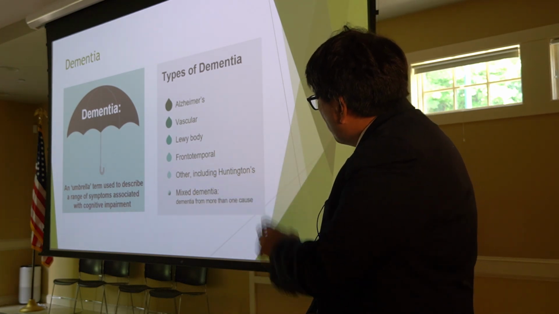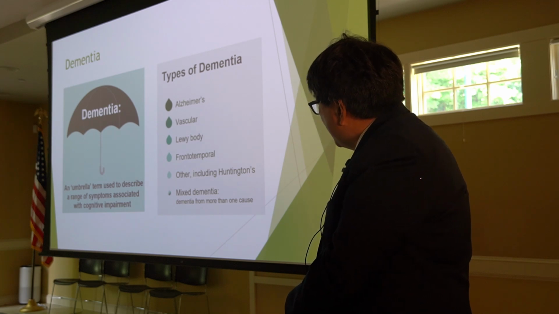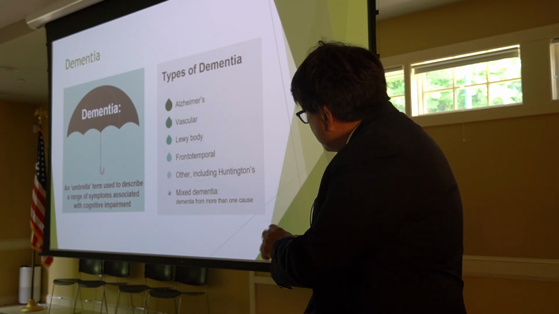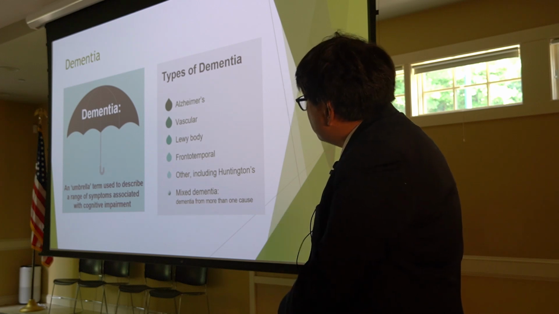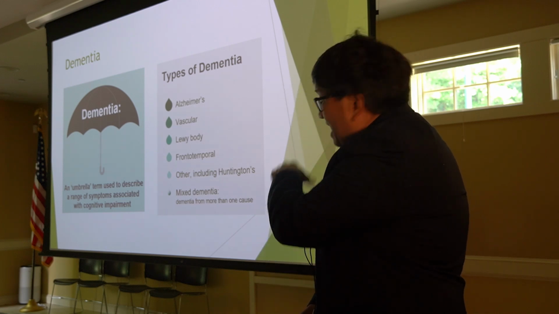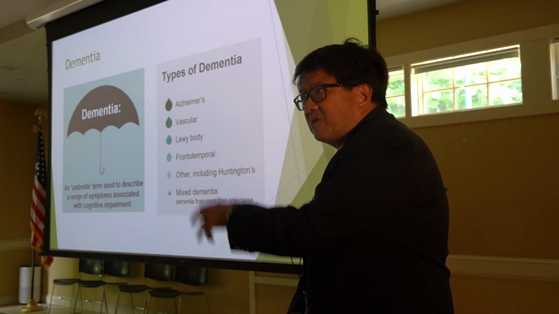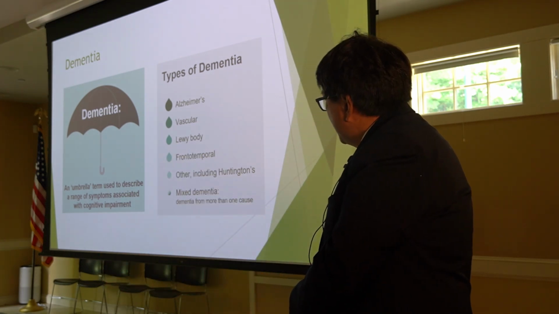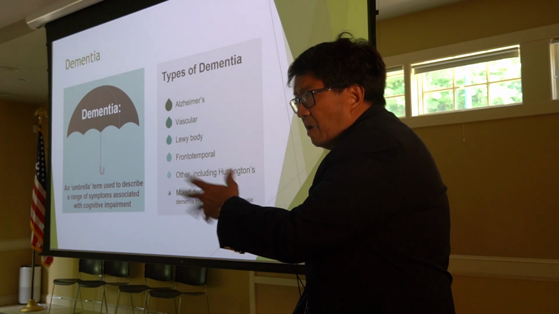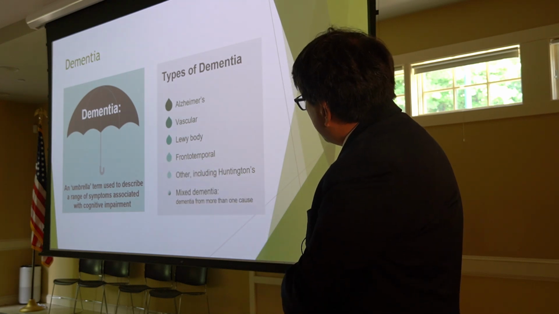And then there's rarer forms like frontotemporal dementia. And probably the second most common is actually mixed dementia, because you can have Alzheimer's plus vascular, Alzheimer's plus Lewy body, and Alzheimer's plus multi-infarct dementia, which we'll also talk about.